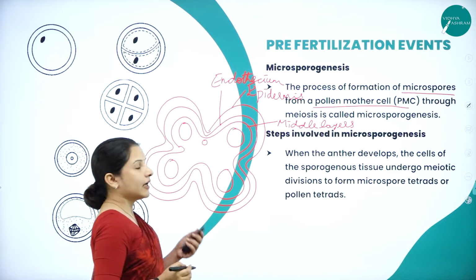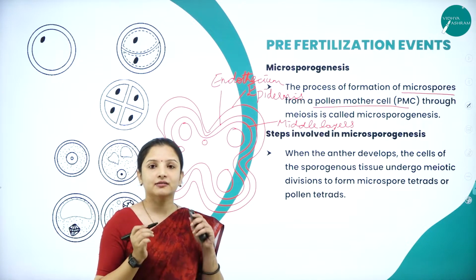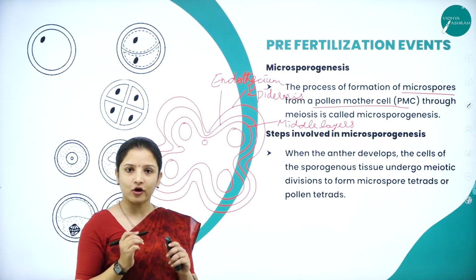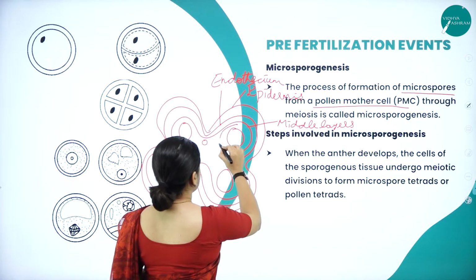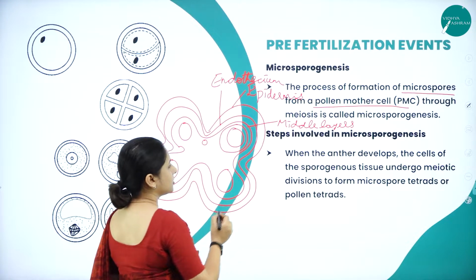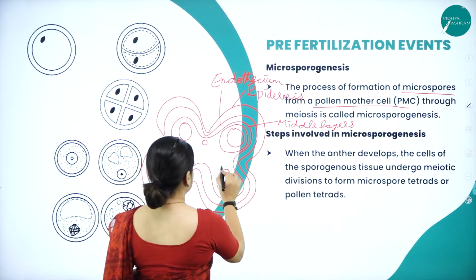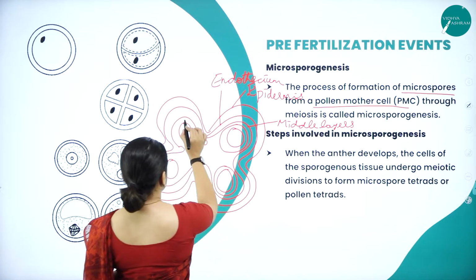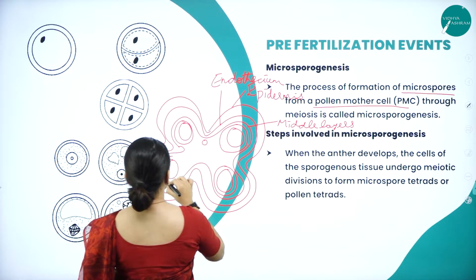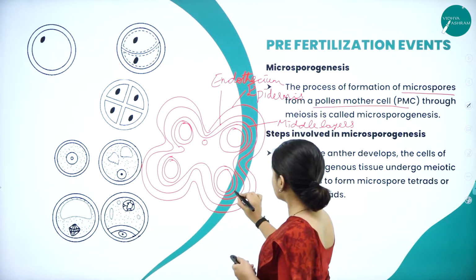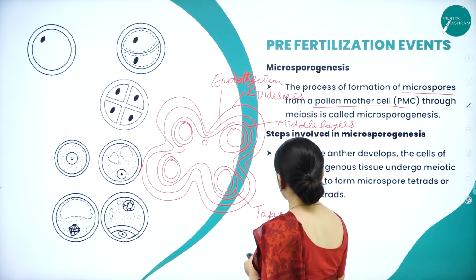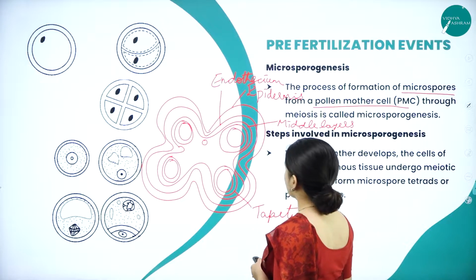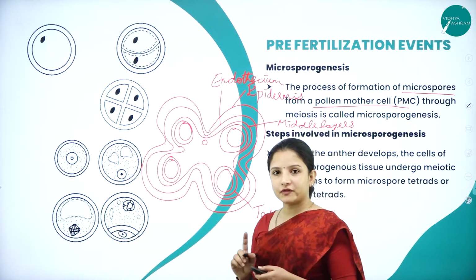Inside the middle layers, there is a very important layer called the tapetum. Where is the tapetum present? It is the layer that is present around the pollen sac. What is the function of the tapetum?